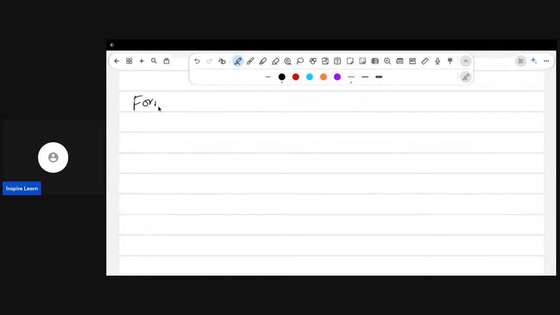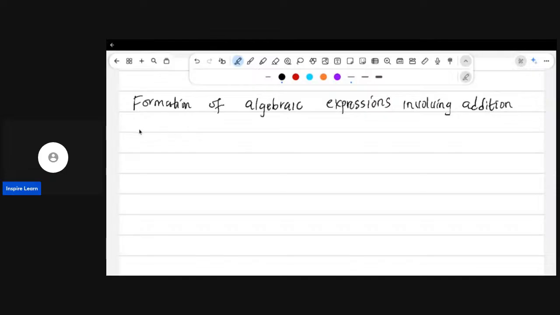Formation of algebraic expressions involving addition and subtraction.